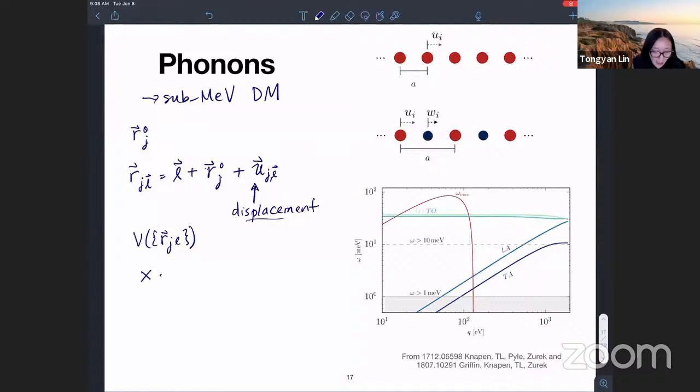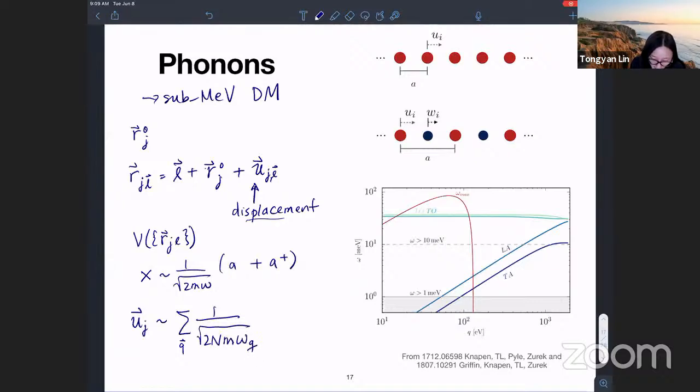And if you recall from a 1D harmonic oscillator, the position is related to creation and annihilation operators. In a solid state material, the displacements are also a sum over creation and annihilation operators. The difference is that we have a continuum of energy modes, so we have to sum over all omegas.